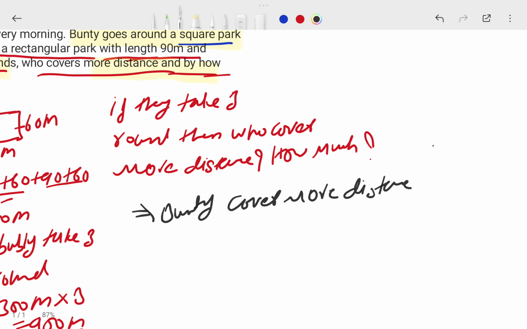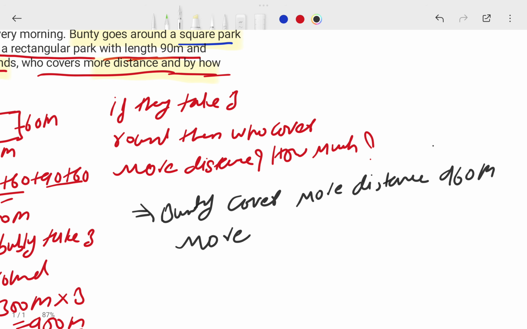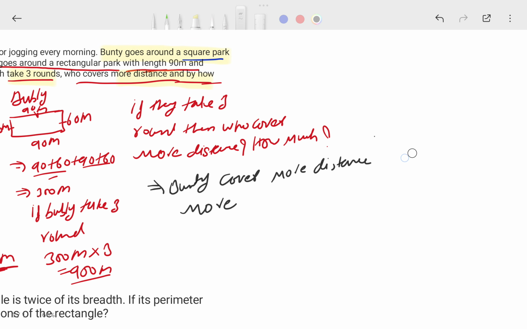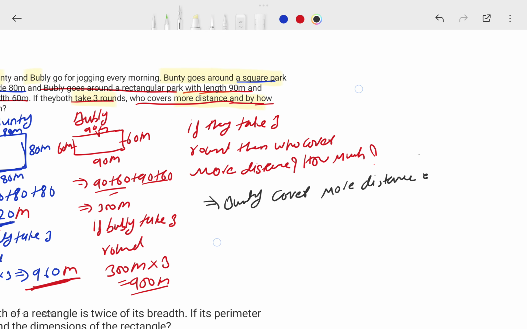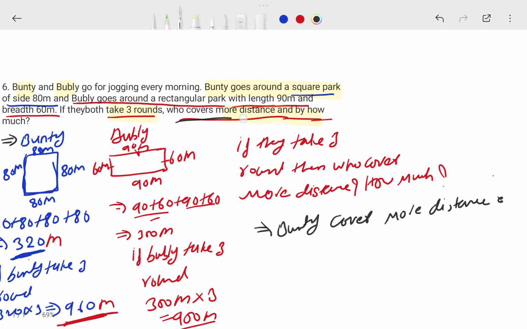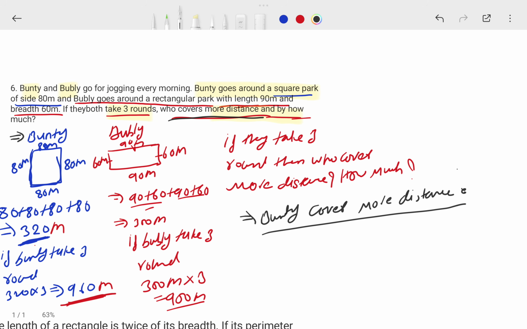The first question is completed. It is asking who covers more distance, so Bunty covers more distance.